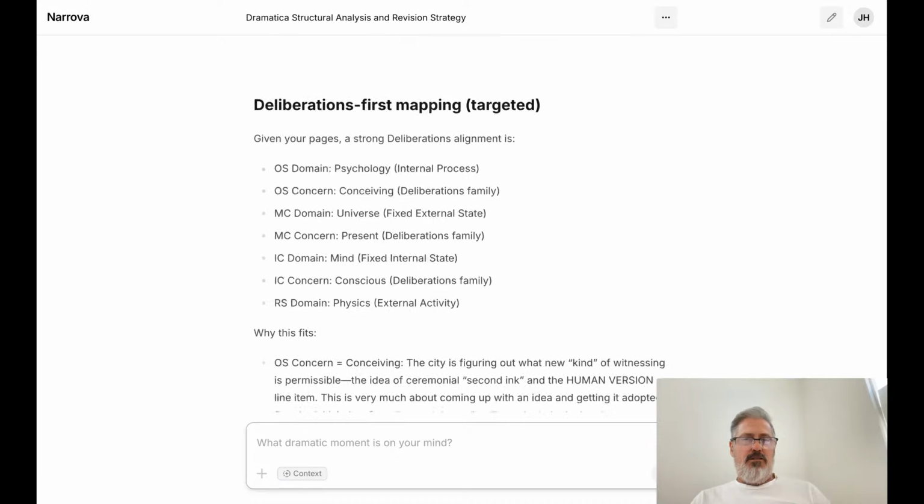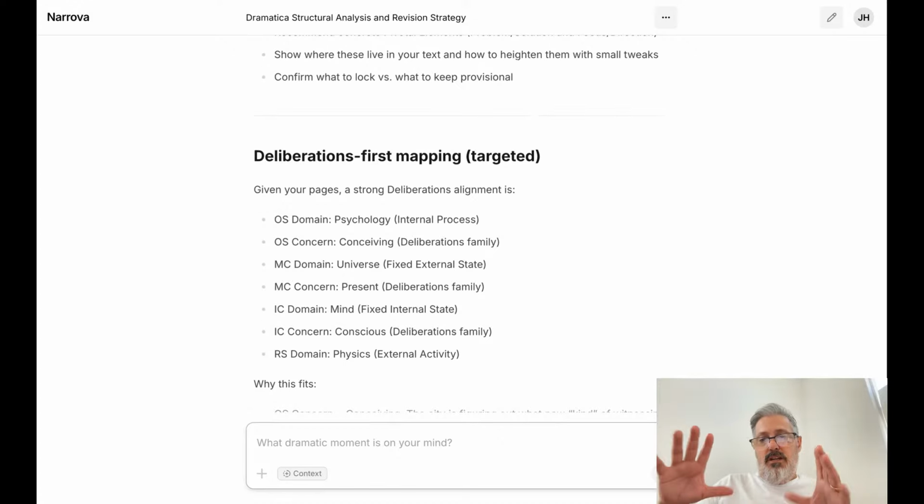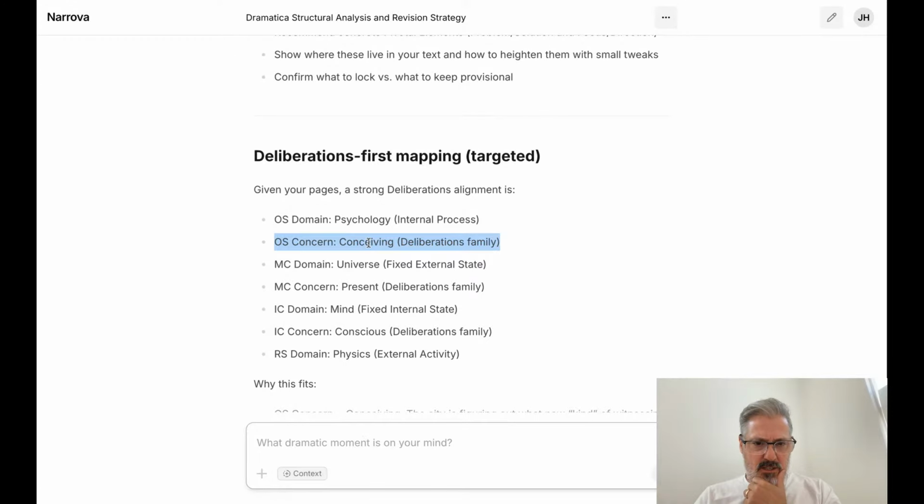All right. So I kind of put it in that lower right-hand quadrant, if you're familiar with Dramatica theory. You'll see that would make the objective story concern about conceiving, so coming up with ideas, whether or not I can come up with the idea of attaching human stuff to this ledger. The main character concern is present, the influence character concern is conscious, and it left out learning.